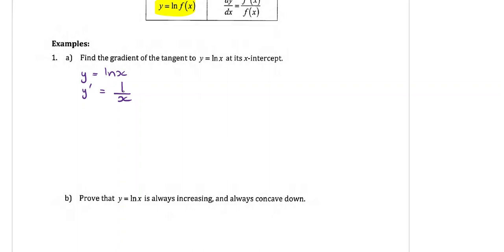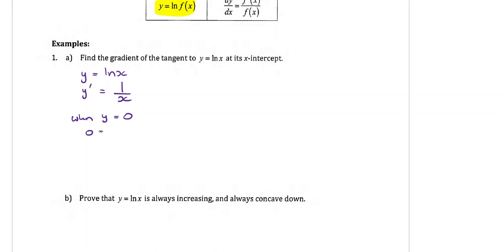Okay, but then we have to find the gradient at the x-intercept. What is the x-intercept? We might know because we know this graph. But if you didn't know, you would sub in y equals 0 into our equation.